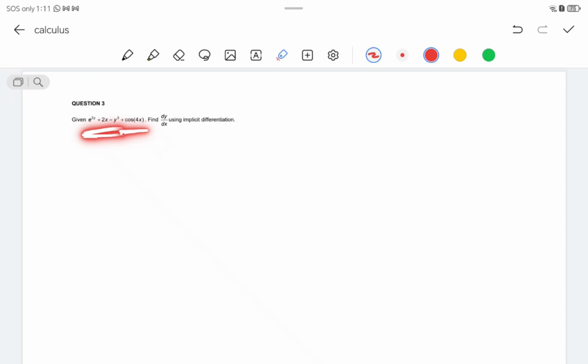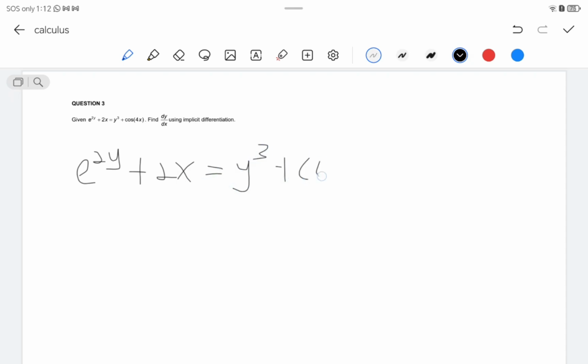Move 2 times e to the power of 2y minus 3 times y to the power of 2 to the x side. The new equation and the answer will be dy/dx equals negative 4 times sine 4x minus 2 over 2 times e to the power of 2y minus 3 times y to the power of 2. That's it for question 3.